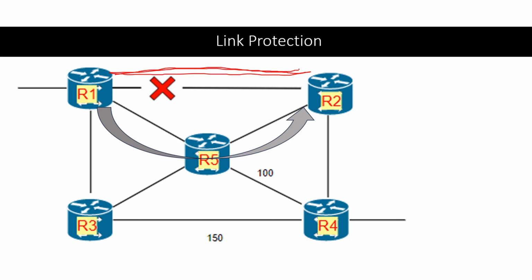If we have enabled the fast reroute, meaning IP-FRR and Ti-LFA, then by default it will be link protection, and in this case protection will be via R5.